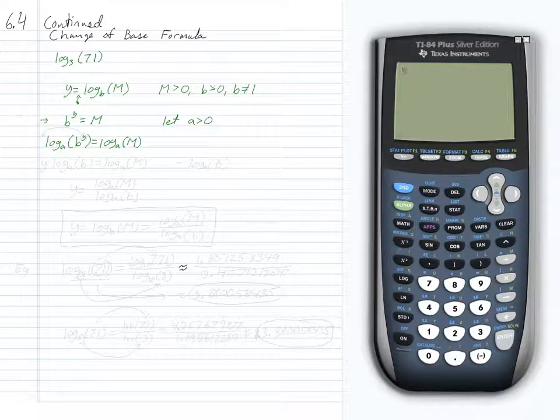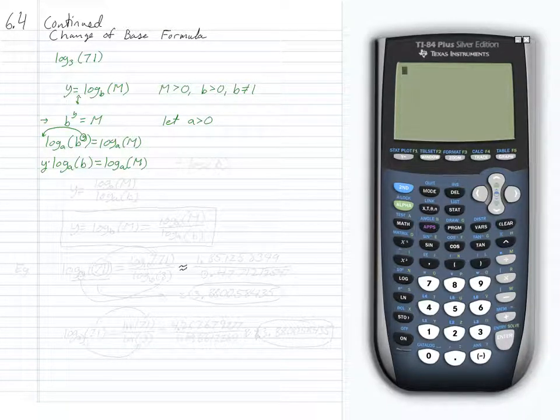Any base will do. But from here, we can see that the power property can bring that y down as a coefficient, and the left-hand side will evaluate to log base a of b, and the right-hand side will remain the same.